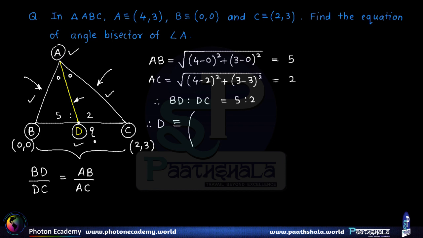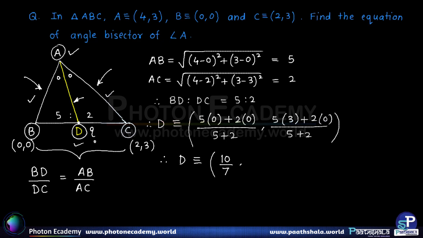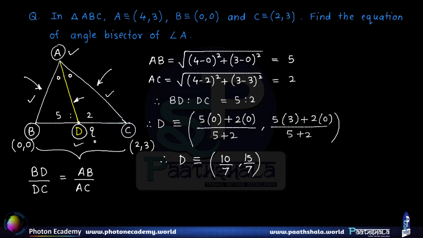So therefore let us write the formula for D, that is 5 into 2 plus 2 into 0 divided by 5 plus 2, and then you have 5 into 3 plus 2 into 0 upon once again 5 plus 2. So therefore D we get as, on solving and simplifying, 10 by 7 and 15 by 7. So that means we now have got the point D and we already know point A, that is 4, 3.